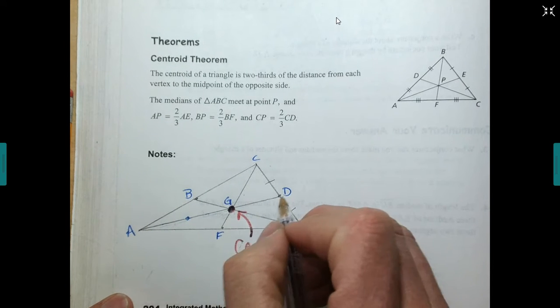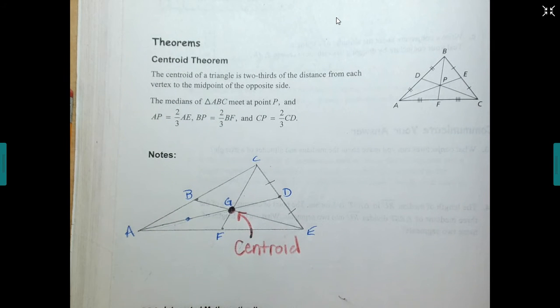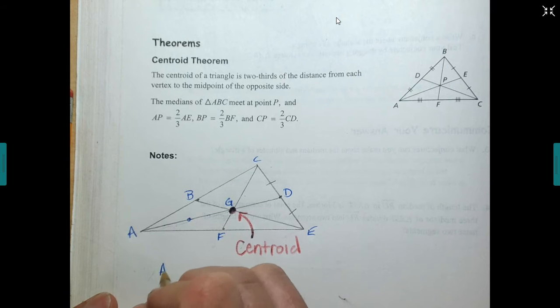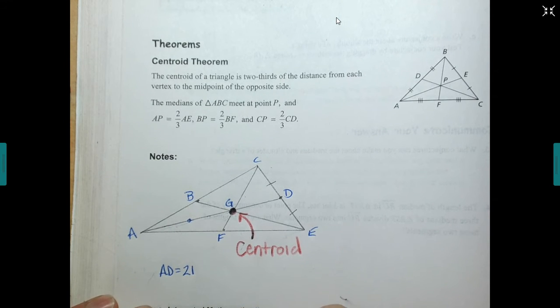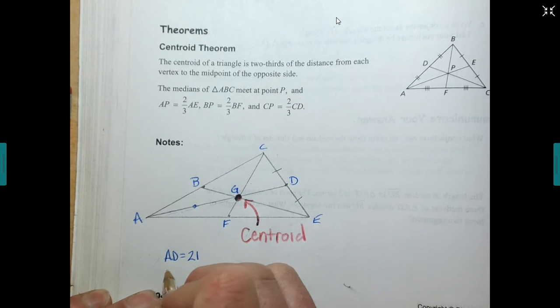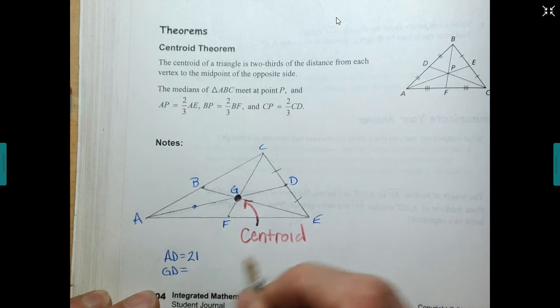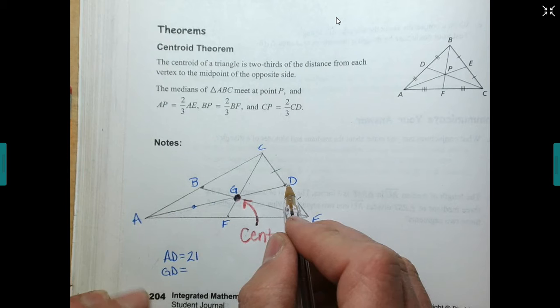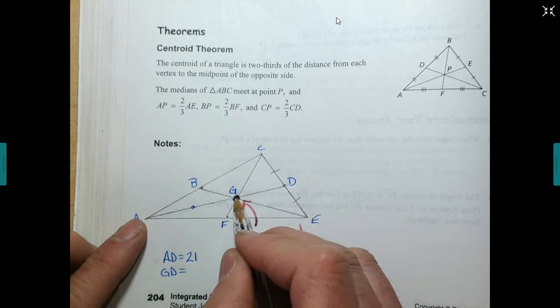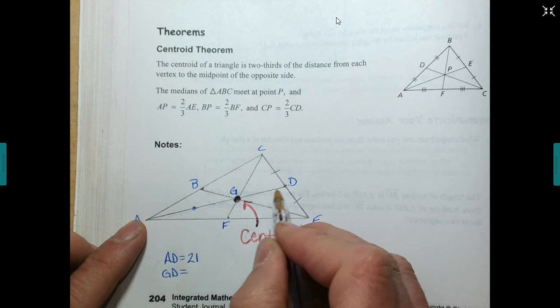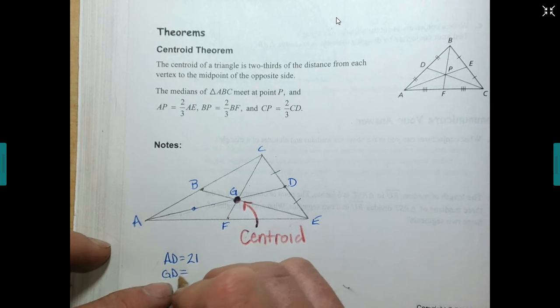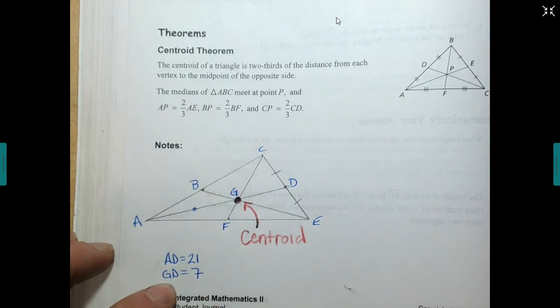So if I told you that AD equals 21, what would GD equal? If this whole thing is 21, what would this be? Well, it's 1/3 of that, right? Because the centroid splits these lines into thirds. So GD would be 7.